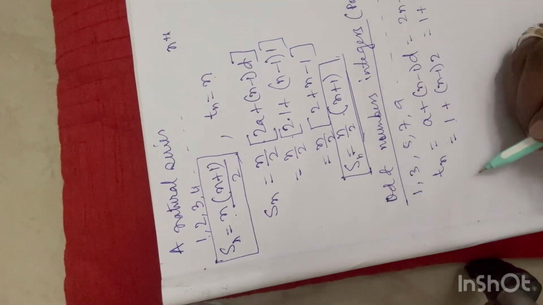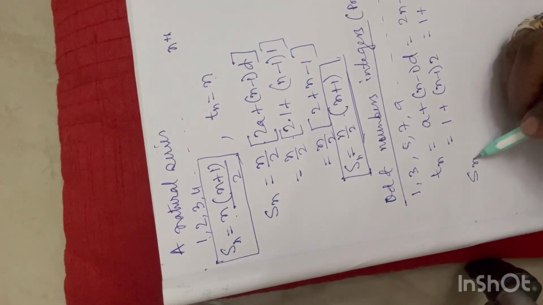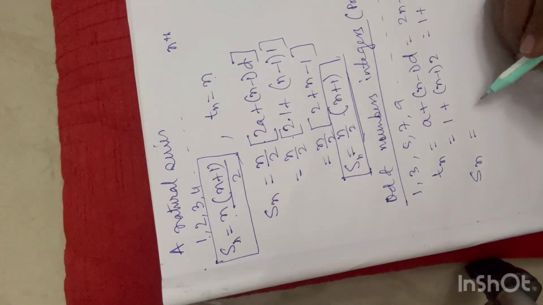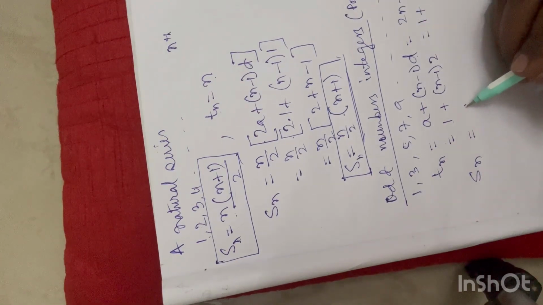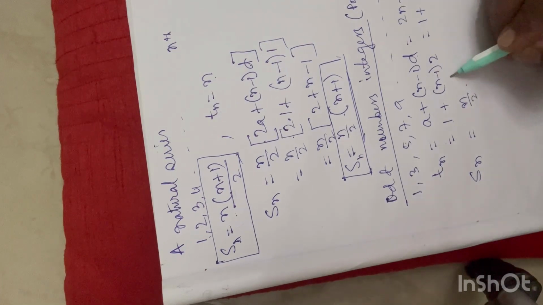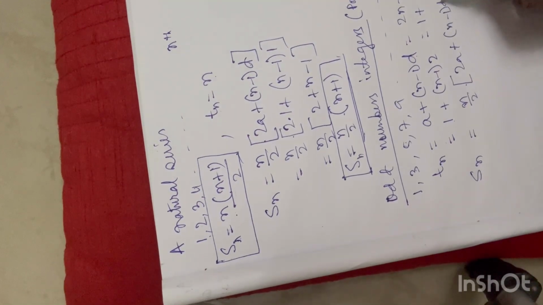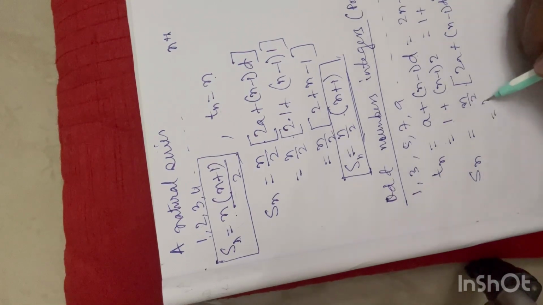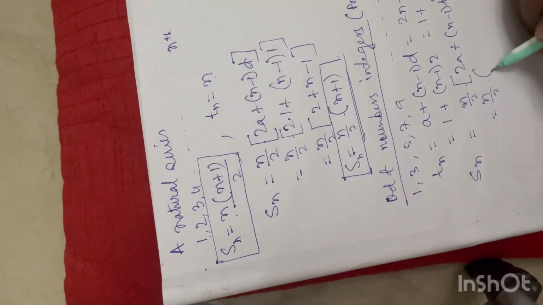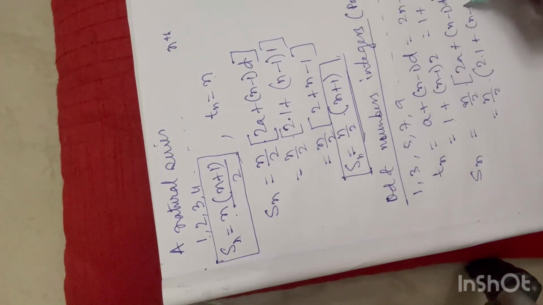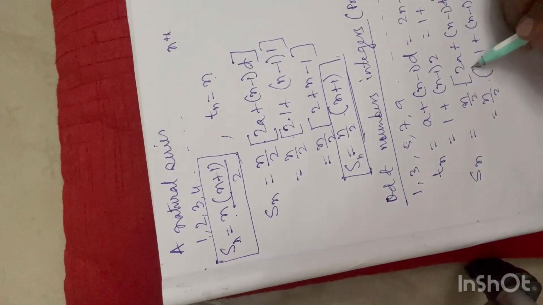Okay, so what would be the Sn then? For Sn also you can put the direct formula, because it is an AP series, so that will give you n by 2 into (2a plus (n minus 1) into d). Here again, if we put the values, we will get 2 into 1 plus (n minus 1) into 2.